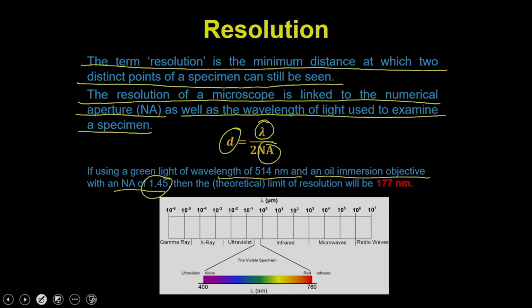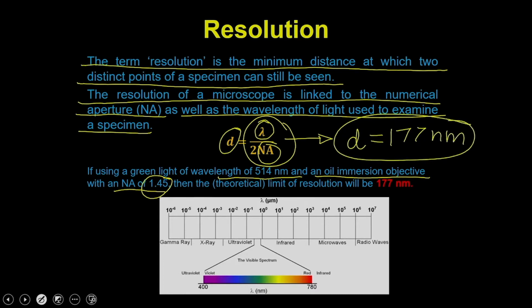If you put all these values into this formula, you get d as 177 nanometer, which means with the light microscope you can see objects that are close by to 177 nanometer if you are using green light as the source of light.